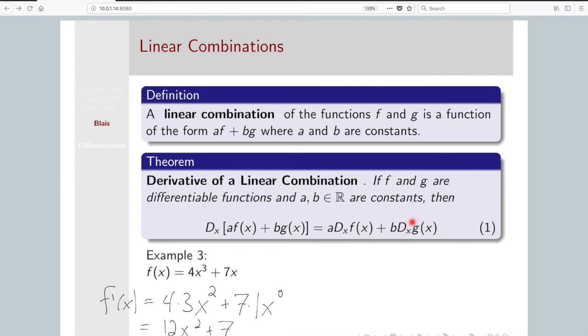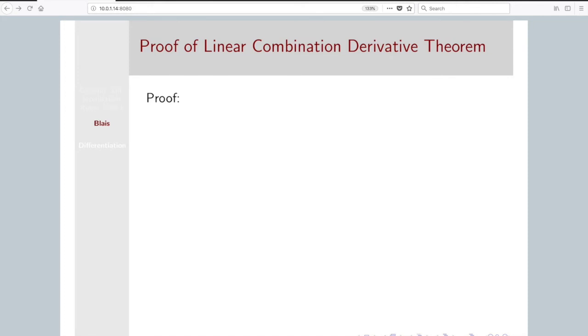Let's actually prove this and see how this is a result of the definition of derivative. And this one is easier than the previous. So let's take our derivative of our linear combination, a times f of x plus b times g of x. And so remember this notation, this derivative with respect to x of what's in here. By definition, this is the limit as h goes to 0.